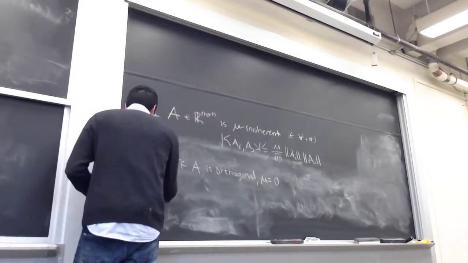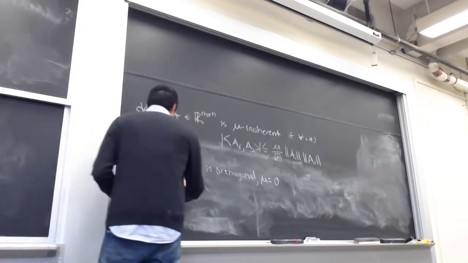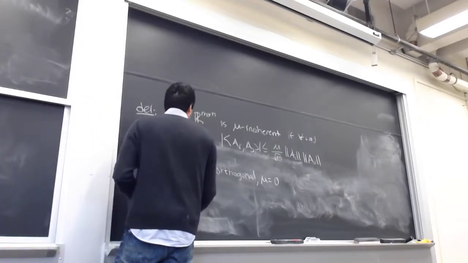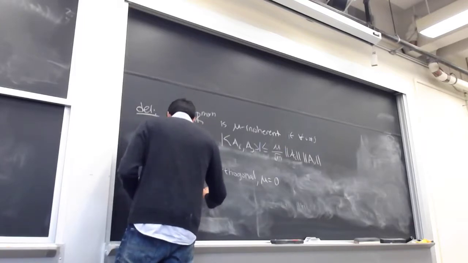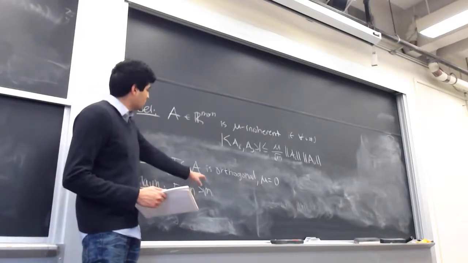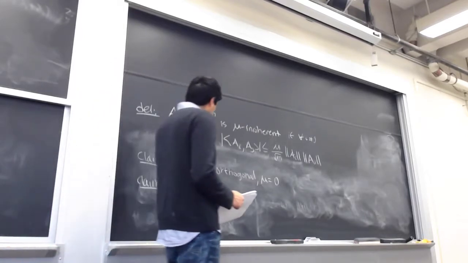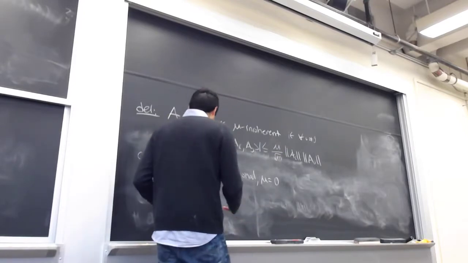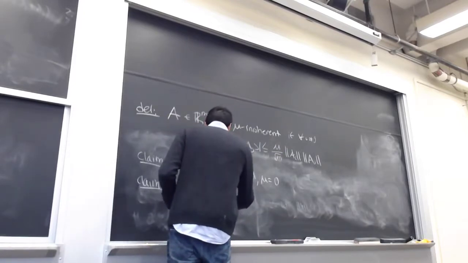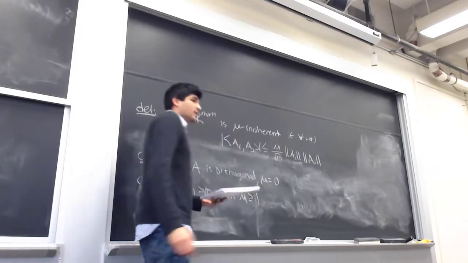But the other claim, which I'm going to leave as an exercise for you to prove, is that if n is larger than m, so it has more columns, then, since an orthogonal matrix can only have as many columns as it has rows, once you start having strictly more columns, I claim mu is at least 1.